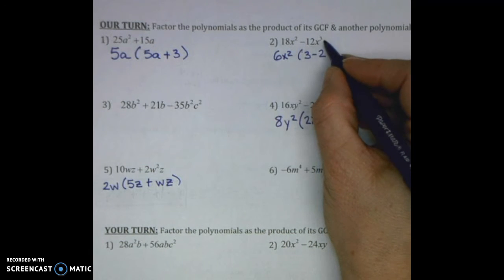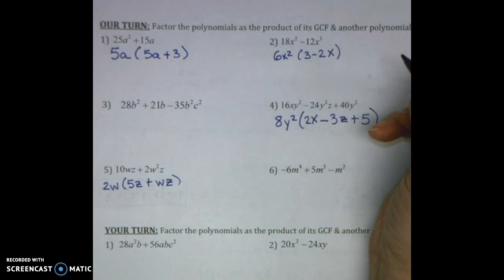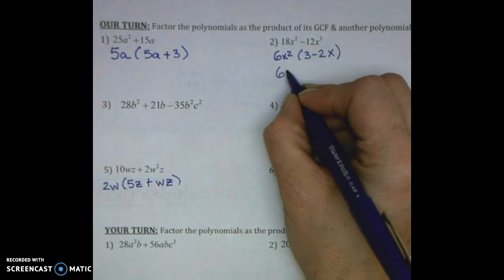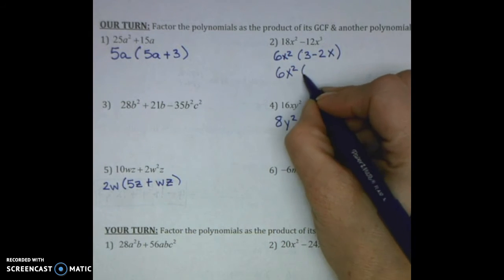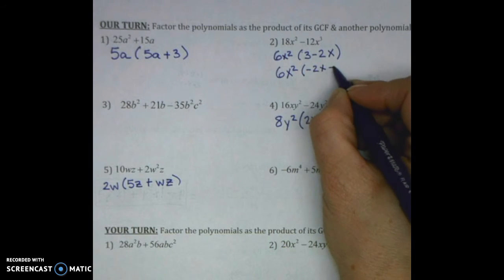X squared goes into x cubed 1 single time, but it leaves me with an x as a remainder. Okay, so this would be my answer. We like to write our answers in a different order, though. We would rather see this as 6x squared times negative 2x plus 3.